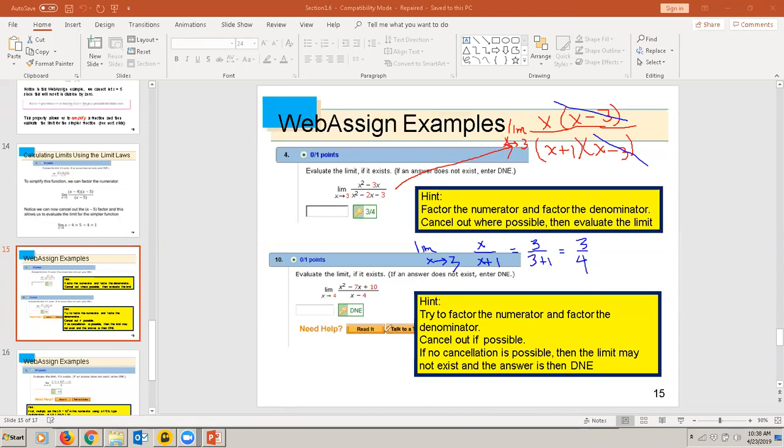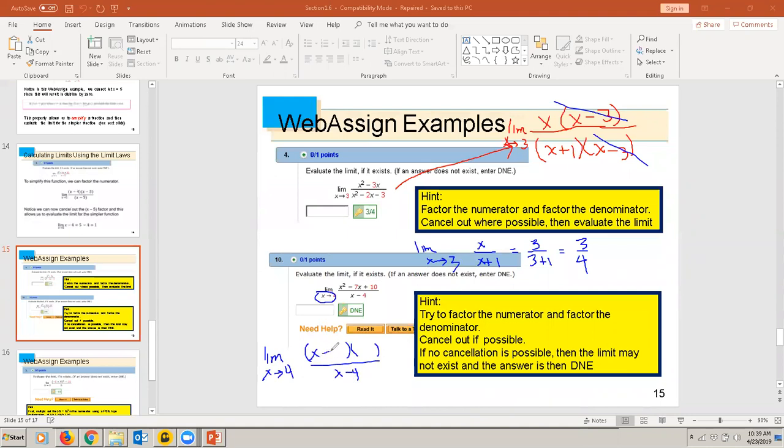All right, let me go to the bottom example, same idea. Again, I can't use direct substitution because if I let x equal 4, I end up dividing by 0. So instead, I'm going to try to factor the top. Let me write the top as two binomials. Well, it turned out I can't factor the top to cancel out the x minus 4.